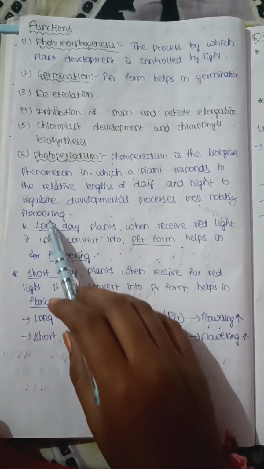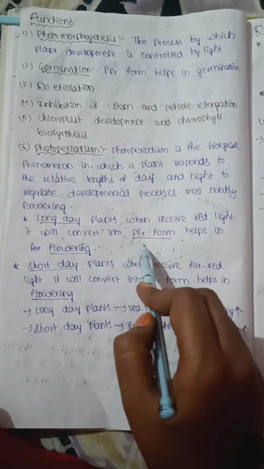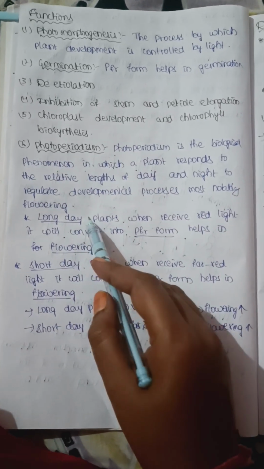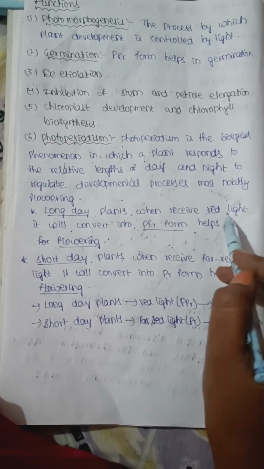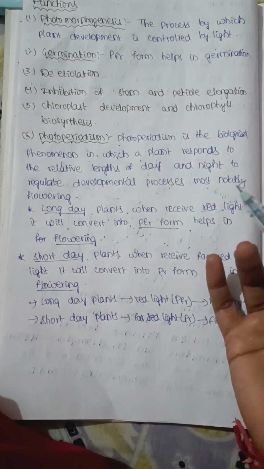So long day plants, when they receive red light, will convert into PFR form, which helps in flowering. Long day plants need more day length compared to the critical day length.